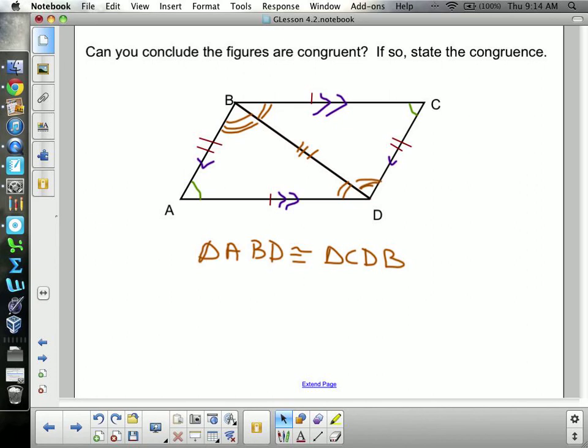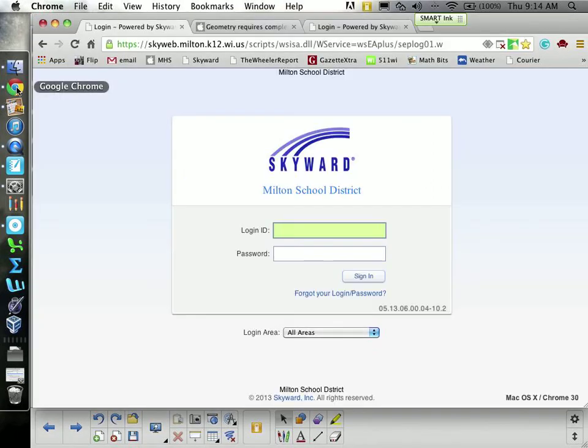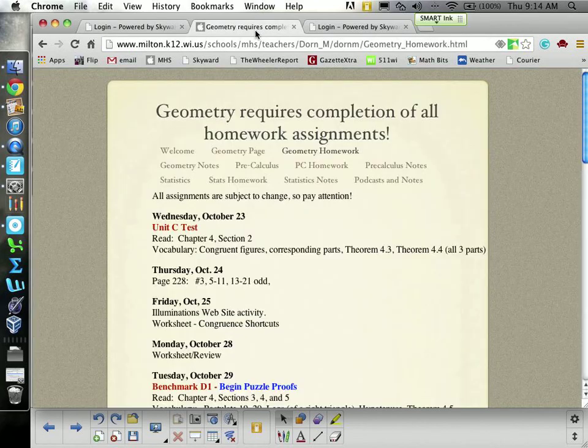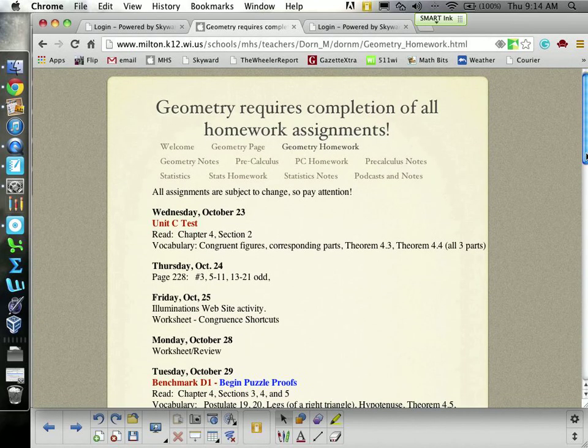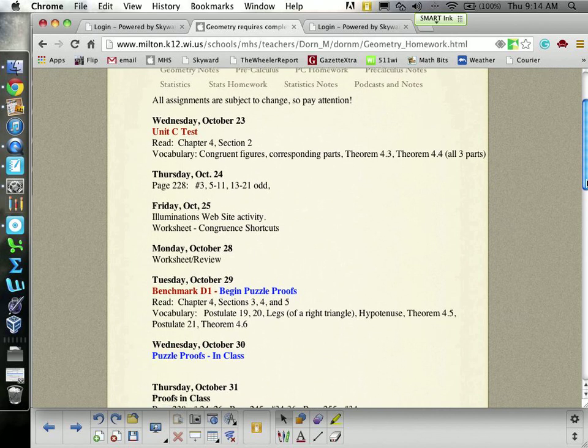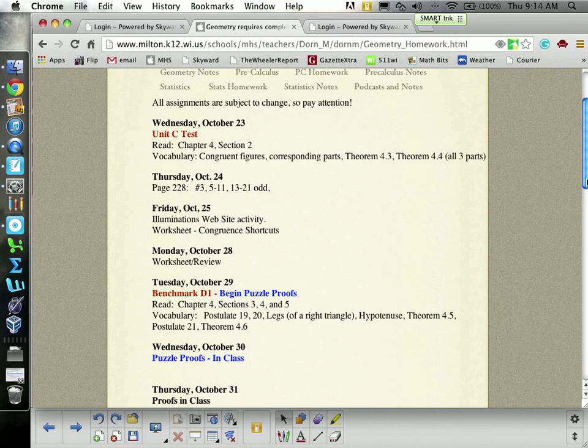Now, just take a look at the assignments, because a lot of you probably haven't looked at the new assignment sheet yet, because I just put it up like 5 minutes ago, or 15 minutes ago. You do have homework tonight. It's not a huge assignment. 3, 5 through 11, and 13 through 21 odd. And I think actually we may cut out number 19.